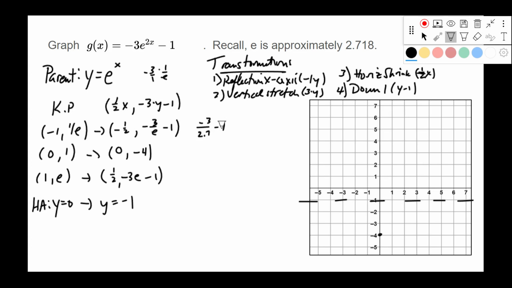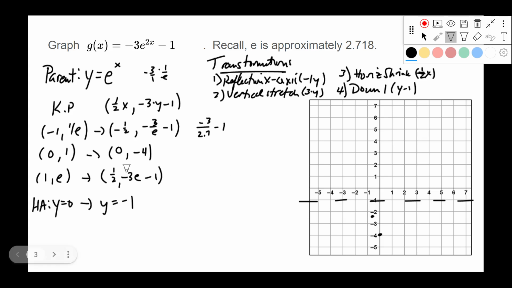So it's just a shade smaller than negative 2, and then we're going down. And then over 1/2. So 1/2 comma that.